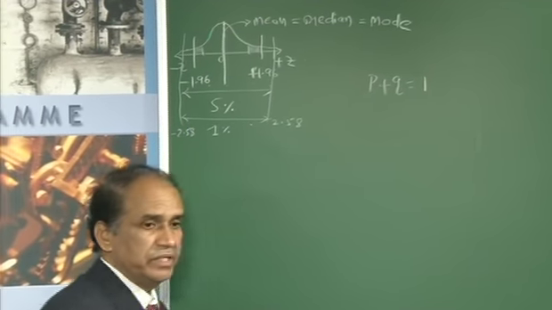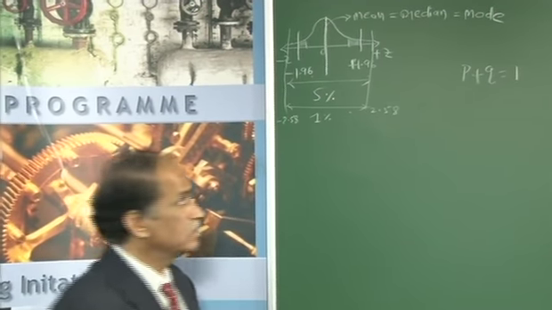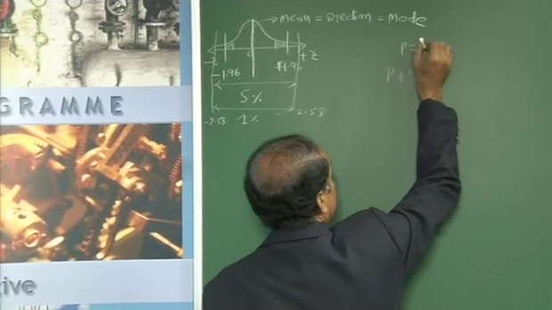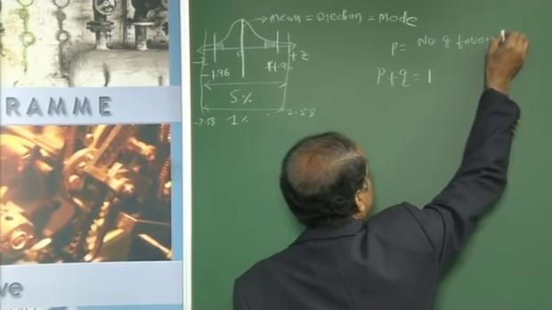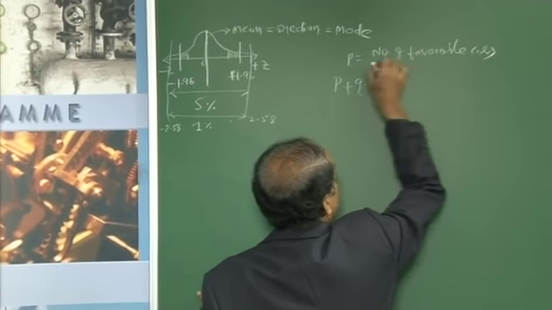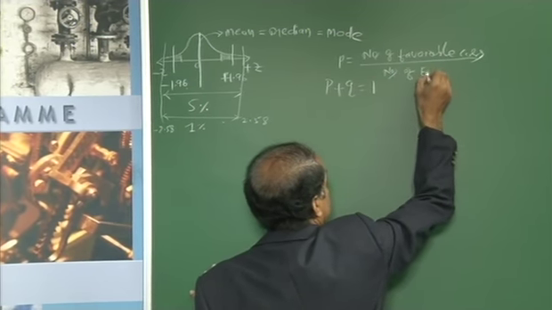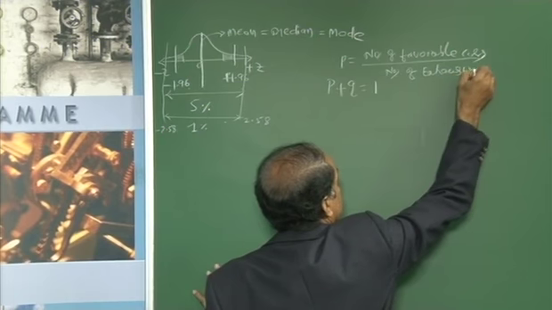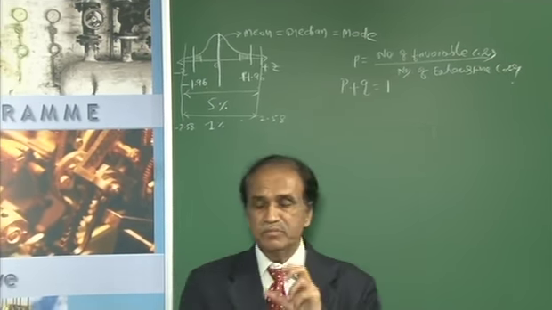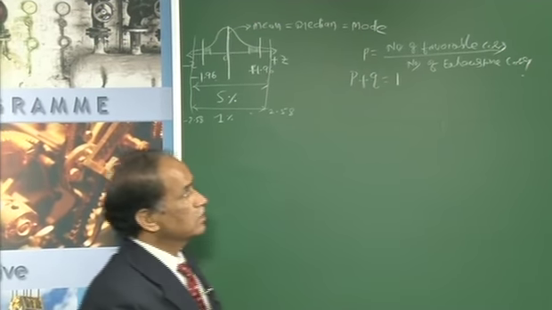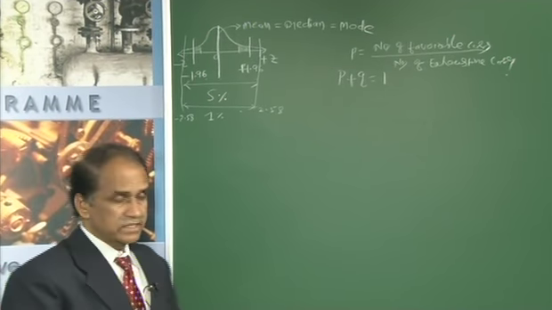What do you mean by this p? p is nothing but, by the basic mathematical probability definition, p is equal to the number of favorable cases divided by the number of exhaustive cases. I hope you got the complete meaning. You are much familiar with the numerator and denominator, how we write the number of favorable cases and the number of exhaustive cases.